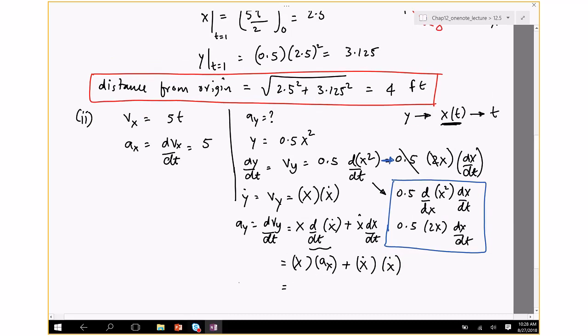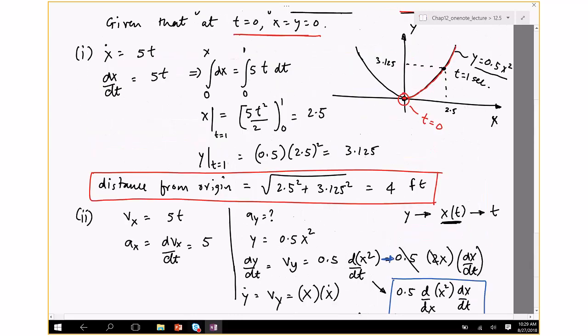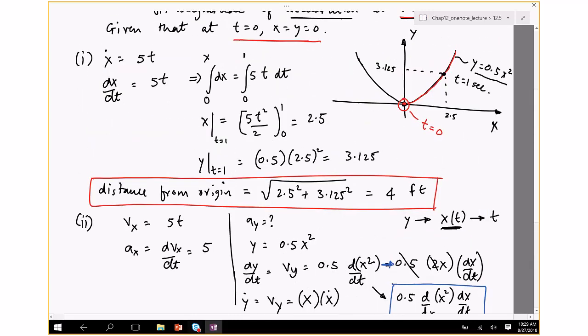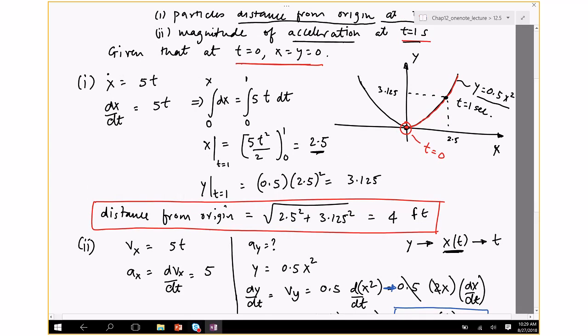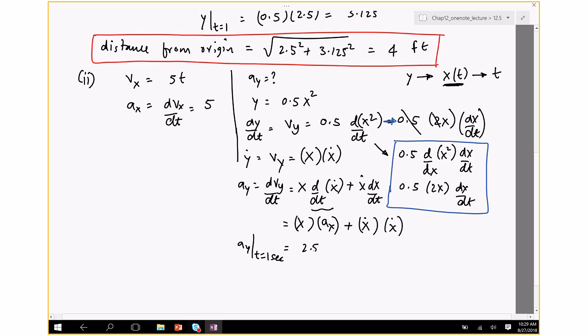So we need to find acceleration y at t equals 1 second. So we need to know what the x position is at t equals 1 second, but we already know that. We actually found it right here. We found that the x position is 2.5. So 2.5 times ax, which is 5, plus x dot.